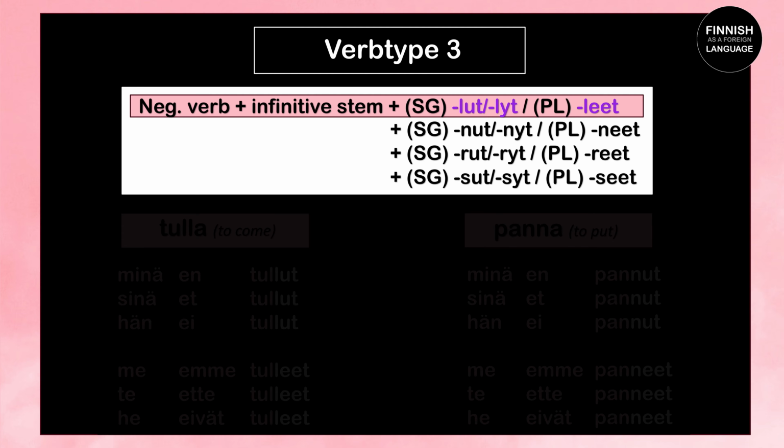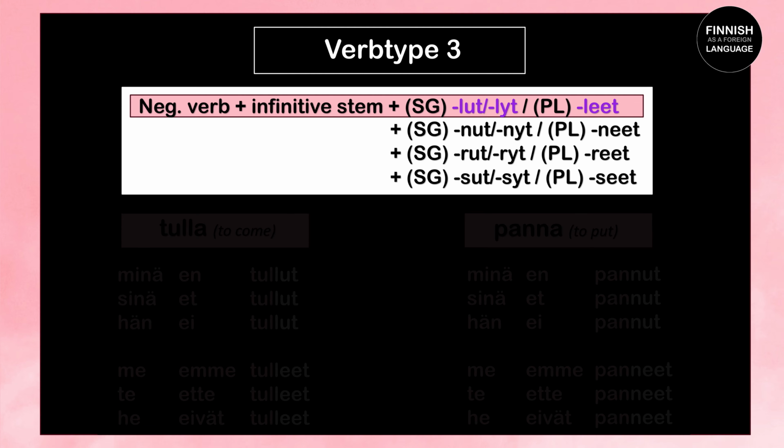Which ending we choose depends on which consonant the infinitive stem ends with. So when our infinitive stem ends with, for example, the consonant L, then we add either lut, lut, or leet to the stem. Or let's say if the stem ends with the consonant R, then we add rut, rut, or reet. Alright?